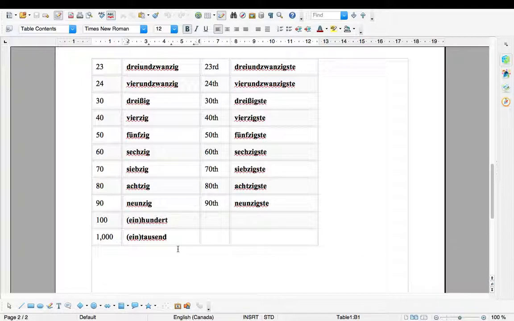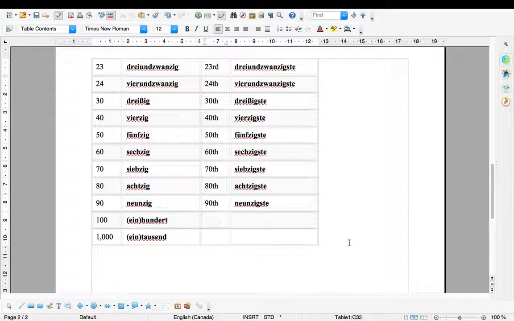Okay, so let's do an example here. For example, how do we say this number in German? 67. Let's do one more example. How do we say this number? You try it. Exactly. 45.